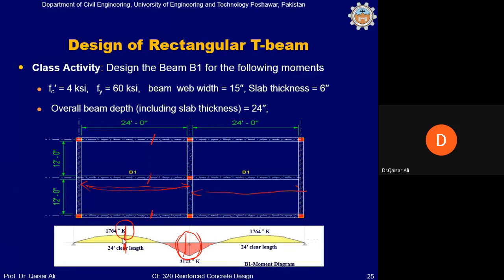But if you start solving this yourself, it will be good, because you may face some problems and then we can discuss those problems. First of all, design for positive bending moment and then design for negative bending moment. All data is given to you. If you have any question, you can ask.